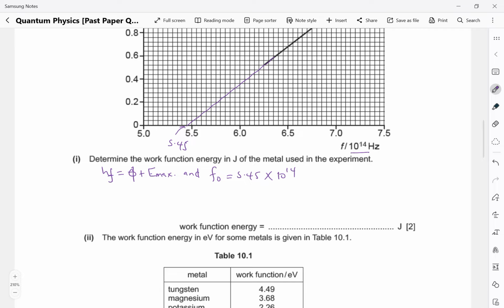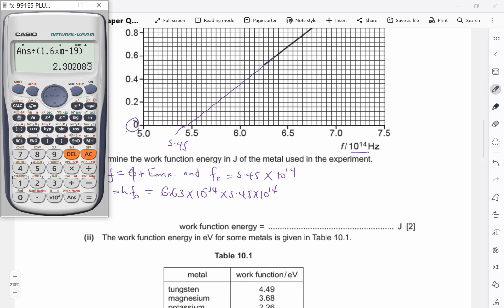To find the work function energy, remember that the energy of a photon is equal to the work function energy when Emax equals 0. Therefore, the energy of a photon is h times f0, where f0 is the threshold frequency. So this is Planck's constant, 6.63 times 10 to the power of minus 34, times 5.45 times 10 to the power of 14.